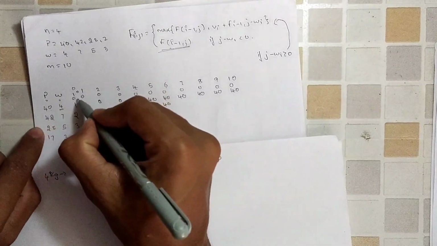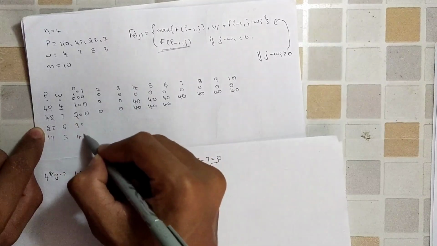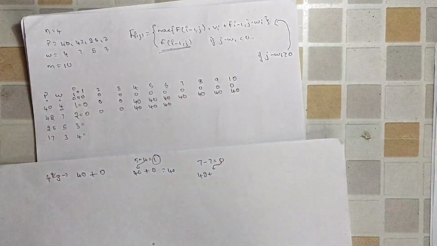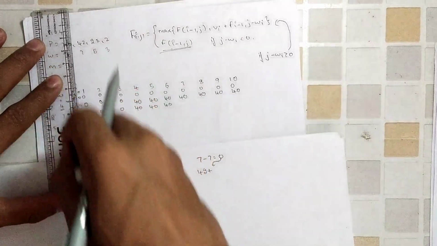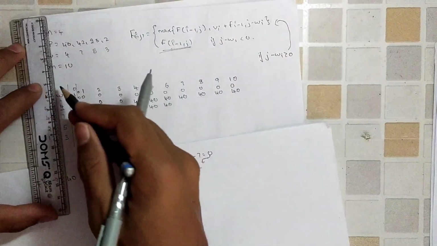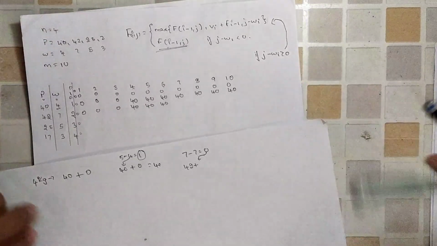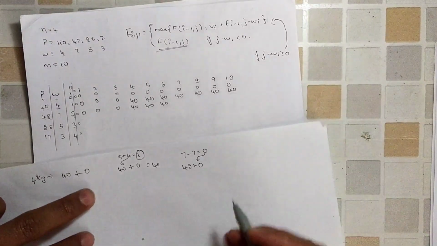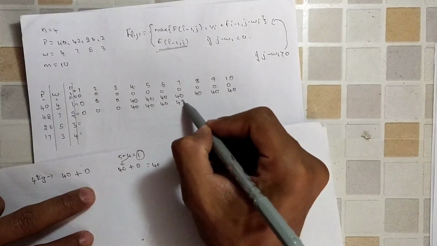Initially they are all 0 itself here. Let me put a line with the pencil so it is not confusing. It's just for understanding purposes. Okay, so 42 plus 0. Since our profit increased, I will be writing 42 here.